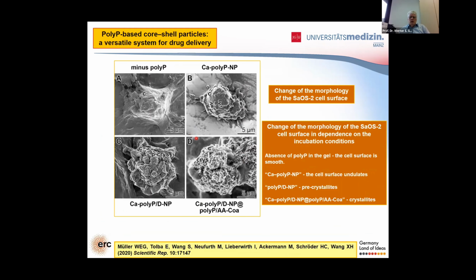When we add now this kind of polyphosphate in the bioink to the cells, we see that in the bioink the cells differentiate and start to deposit hydroxyapatite minerals. It's like in our body.